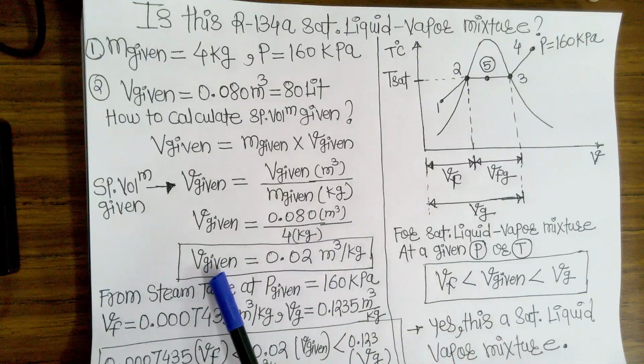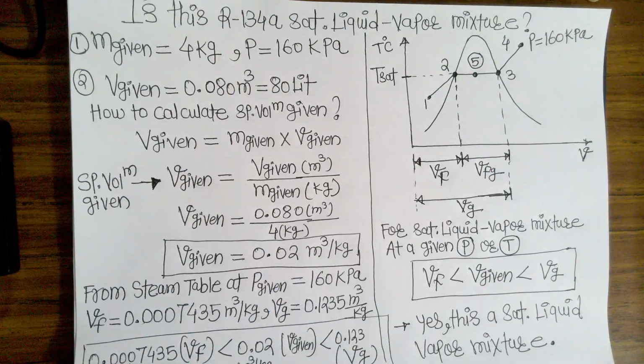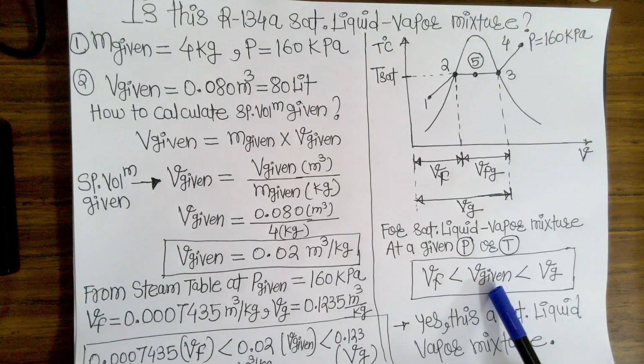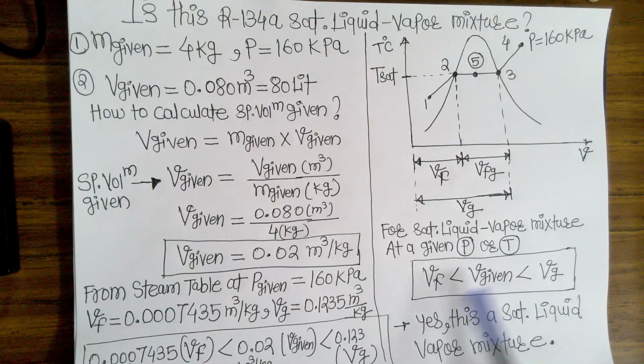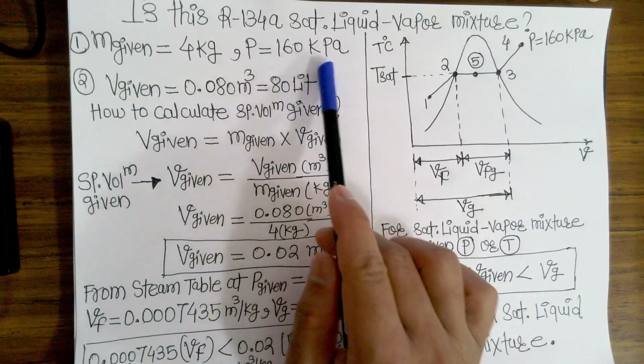So the specific volume of the given refrigerant is equal to 0.02 meter cube per kg. So now we have the specific volume of the given refrigerant. Let us check the Vf and Vg values from the steam table at 160 kilopascal.